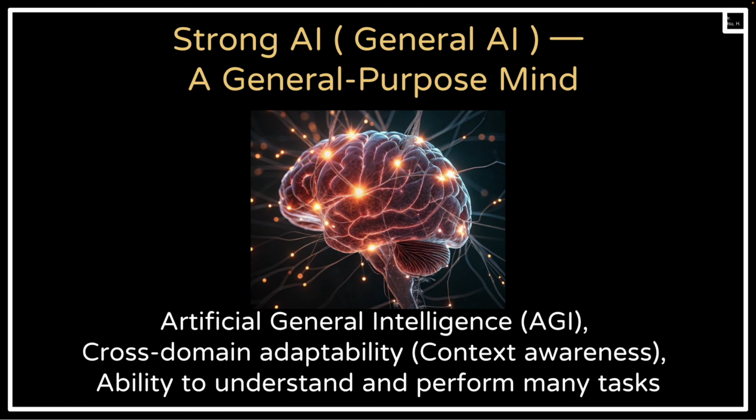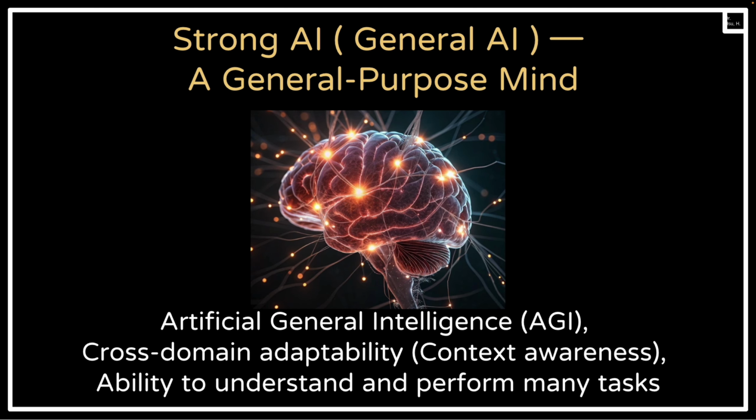This is the dream of strong AI, not just solving one task extremely well, but transferring knowledge across domains the way humans do. This is why strong AI is so fascinating.